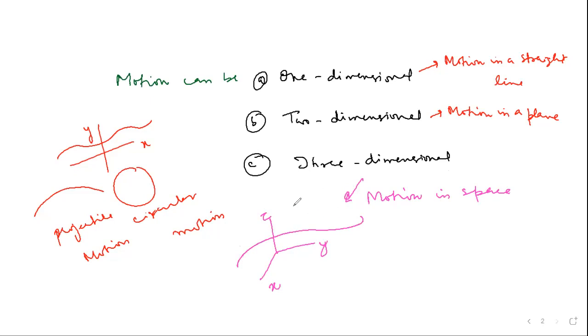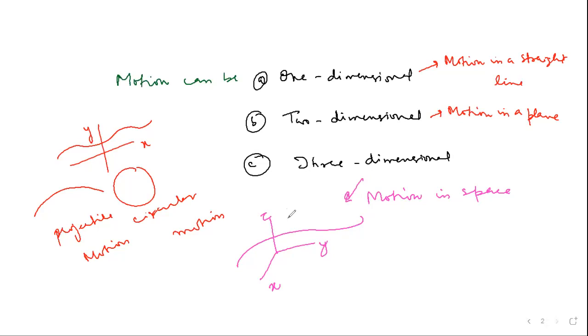That curve cannot be superimposed on a two-dimensional plane. If you superimpose one portion of the curve on the plane, the other portion will remain out of the plane, right? And in three-dimensional motion, you need to specify three position coordinates to specify the position, right?